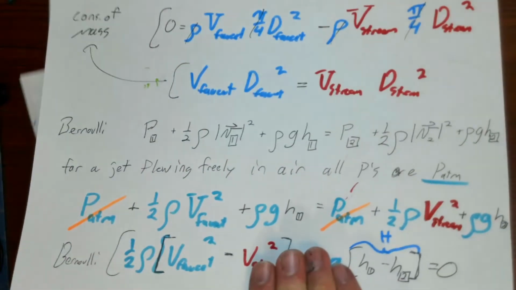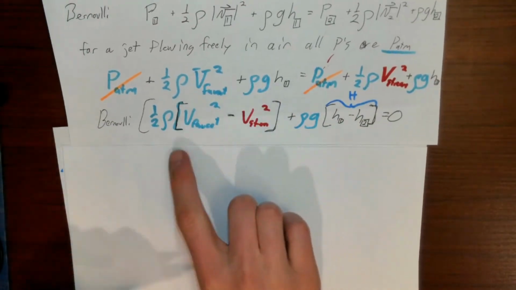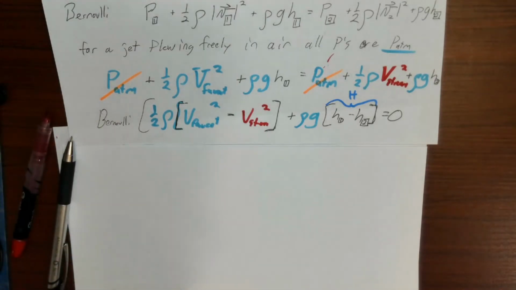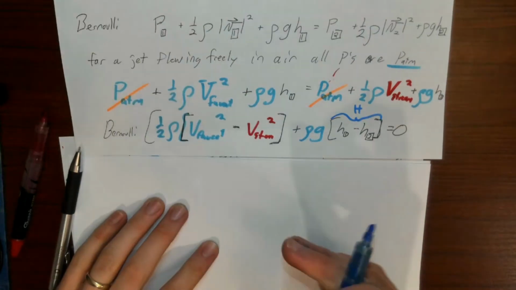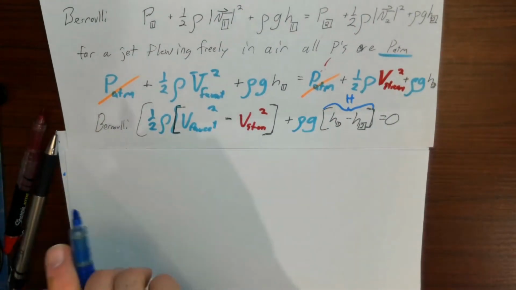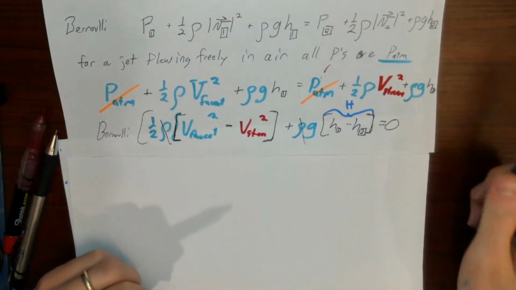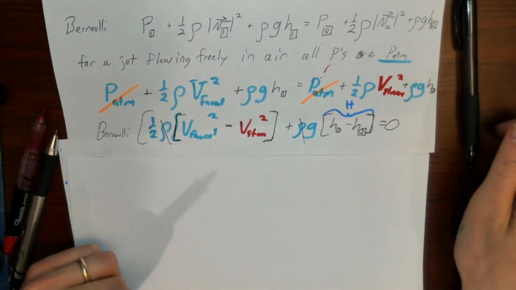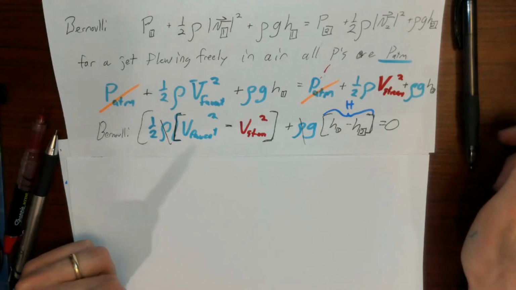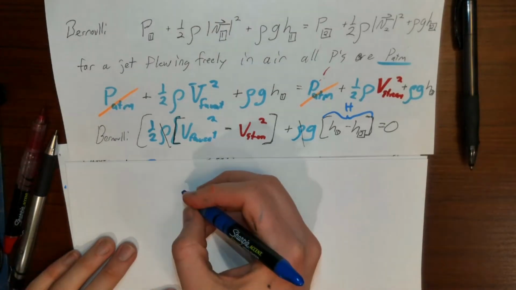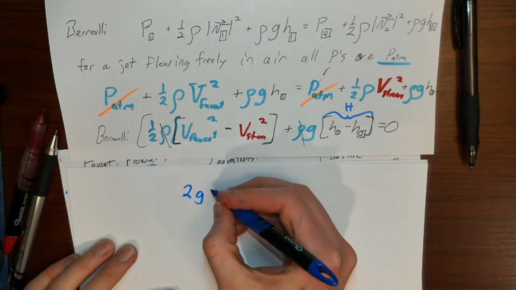All right, so let's go ahead and do that. So I'm going to take the Bernoulli equation and I'm going to solve it for v stream. If I do that, both of these terms have density, so we can actually get rid of that. We can multiply both sides of the equation by 2, so we end up with 2gh.